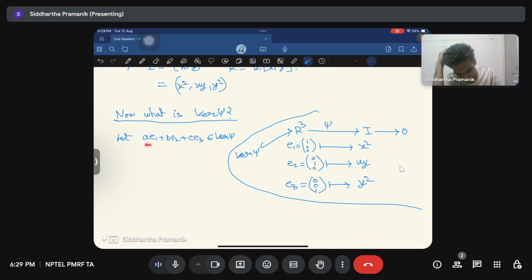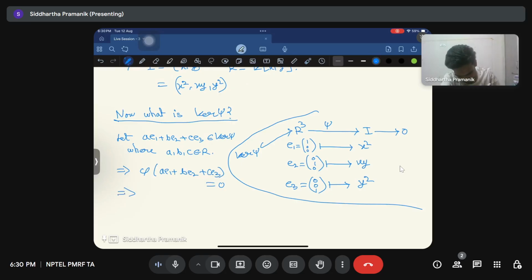Any element of R power 3 looks like this, where a, b, c are in R. So that will imply phi of a e1 plus b e2 plus c e3 equals 0. So we need to find possibilities of a, b and c, right?